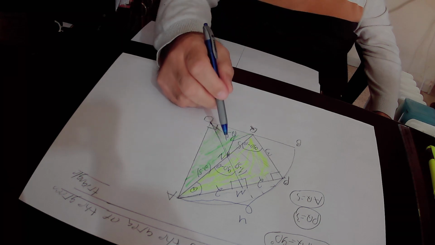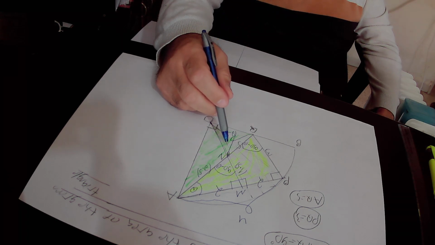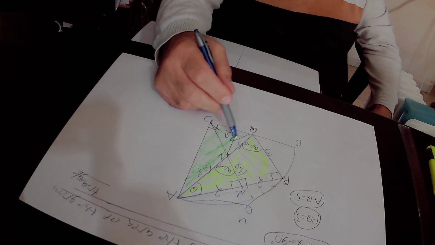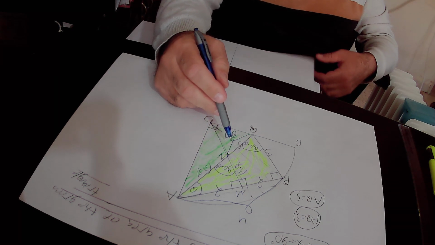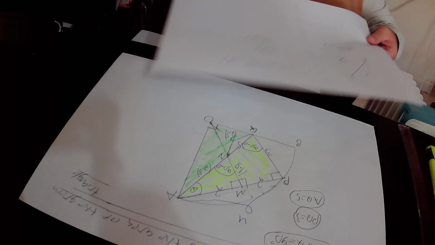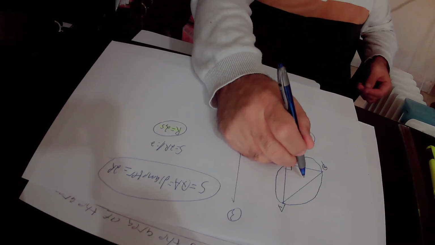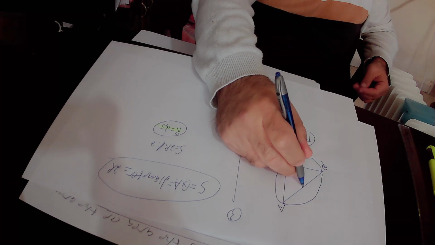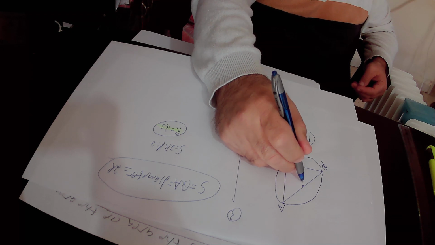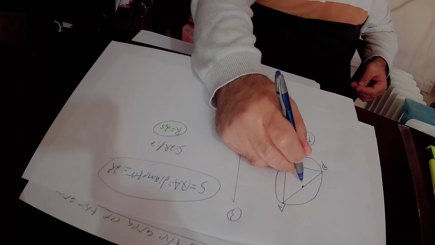We take point N exactly where it is located on QA, and we put it here. So actually this is point N that I copied from the original drawing.